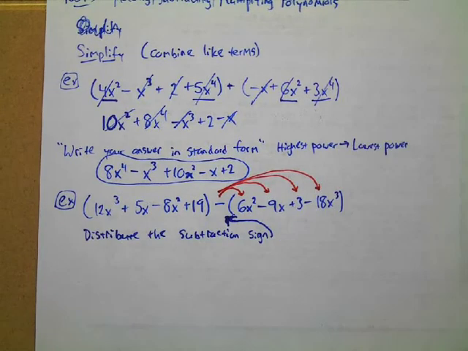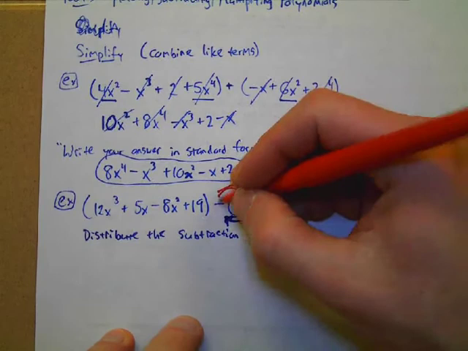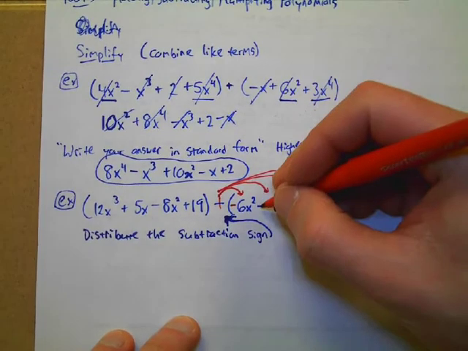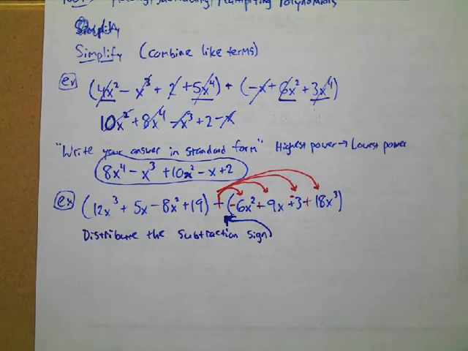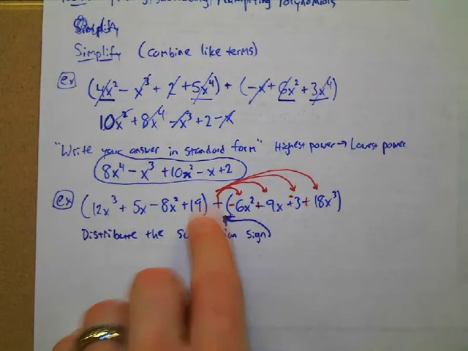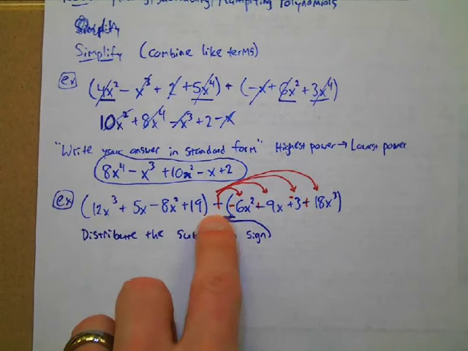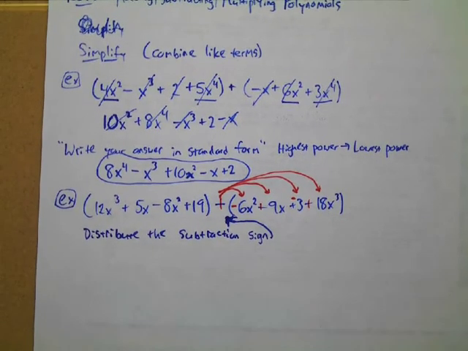That negative will multiply with all 4 of those terms there. And so it becomes plus a negative 6x to the 2nd, a positive 9x, a negative 3, and a positive 18x to the 3rd. Once you distribute that subtraction sign, then this becomes an addition problem, and you can just follow what we did before, where we're just going to combine like terms. So I would always encourage you, whenever you have a minus sign in front of parentheses, distribute the minus sign, make this add, and we'll just add the opposites and make all these the opposites there.